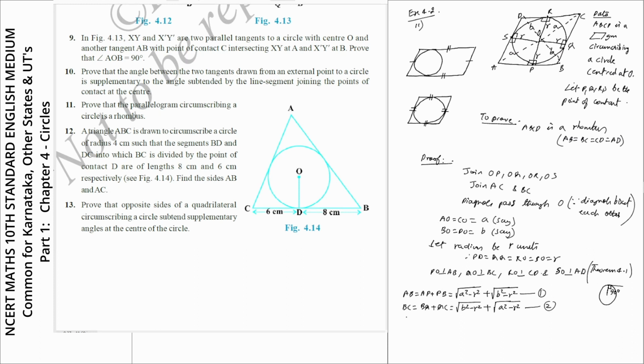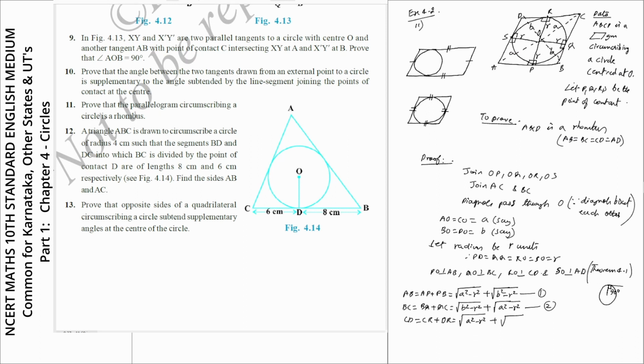Now what is the length of CD? CD is equal to CR plus DR. So what is the length of CR? CR is given by square root of OC square minus OR square, that is square root of A square minus R square, plus DR. What is DR square?